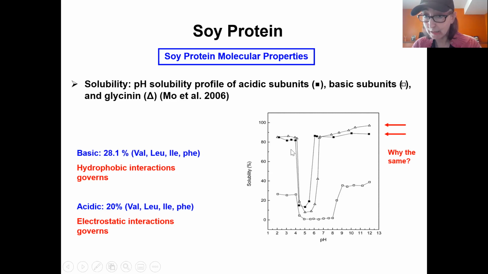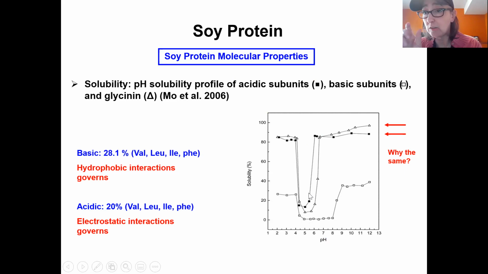In the acidic subunits, because of this percentage, overall the percent hydrophobicity is lower, and these specific four amino acids are much lower. So you have better solubility at acidic and alkaline pH and a narrower U shape.